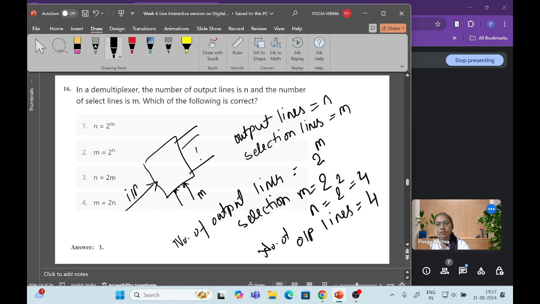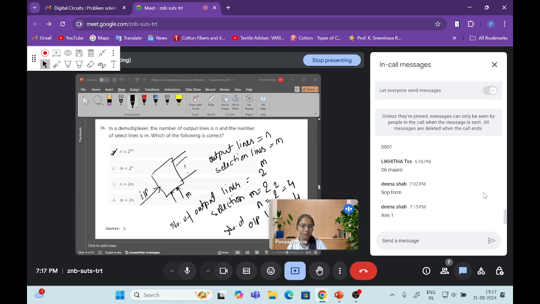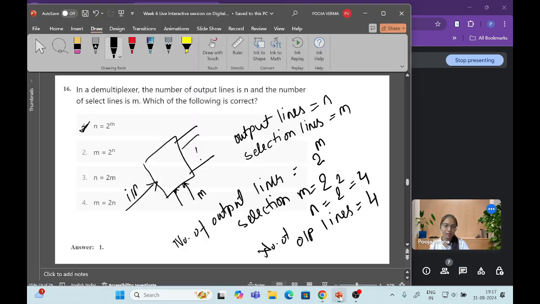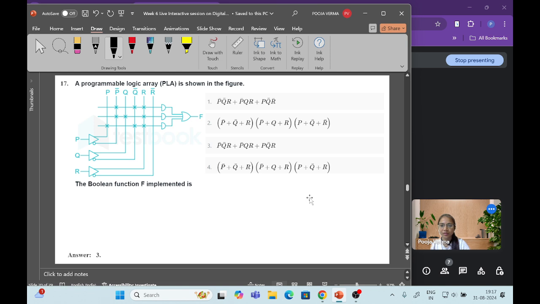Here n is the output lines and m is the selection lines. This relation is correct: n is equal to 2 to the power m. Option 1 is the correct one. Okay, so moving to the next question.